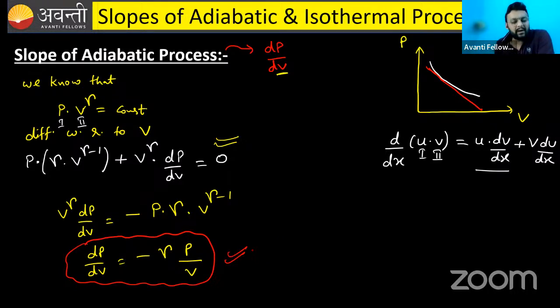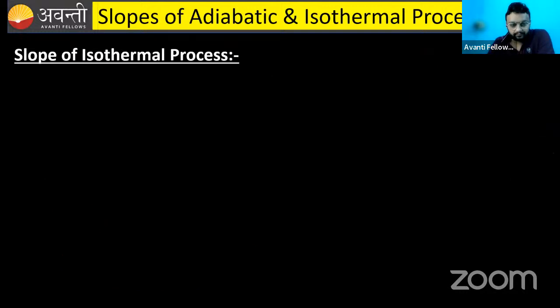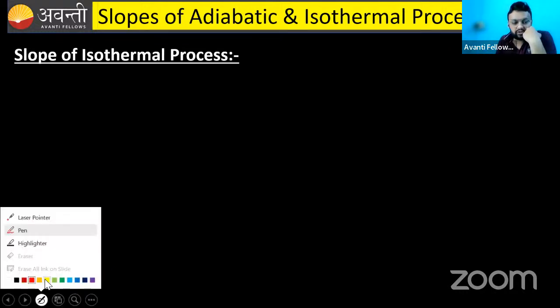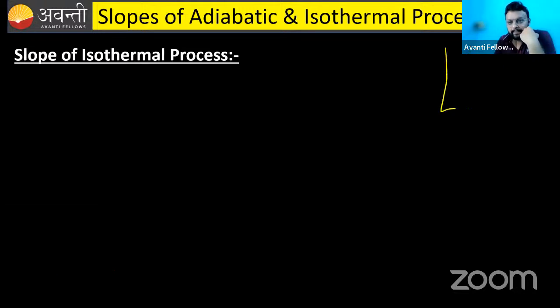You need to remember that gamma times P over V. Again, moving further. Slope of isothermal process. This is the same thing. The PV graph of isothermal process also looks like the same. This is P, this is V, and graph of PV will also look like the adiabatic process.